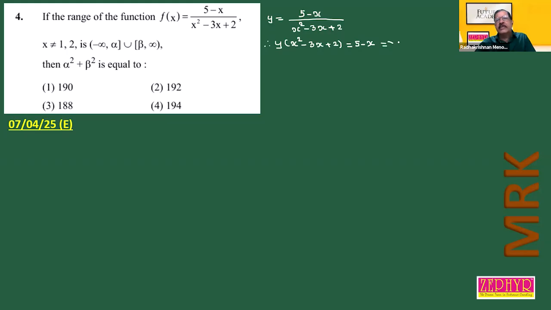Which implies yx squared minus (3y plus 1) into x. Now it will be 3y minus 1, sorry.